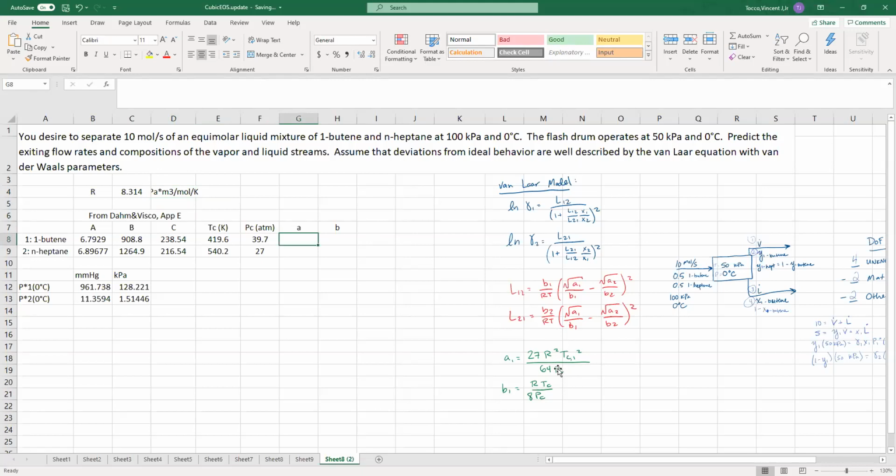Because you've got temperature, pressure, so the temperature is canceling in the R, the pressure is canceling with the R, meters cubed per mole, so it's going to be in terms of molar volume. So equals 27 times R squared, I'm going to dollar sign it, times critical temperature squared, not going to dollar sign that one, divided by 64 divided by critical pressure.